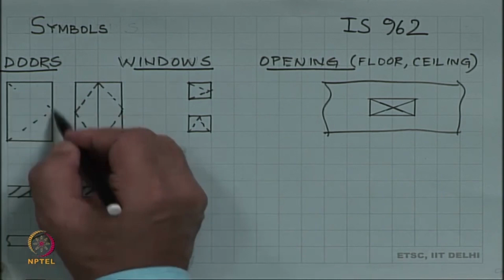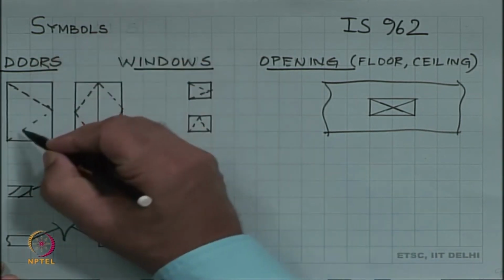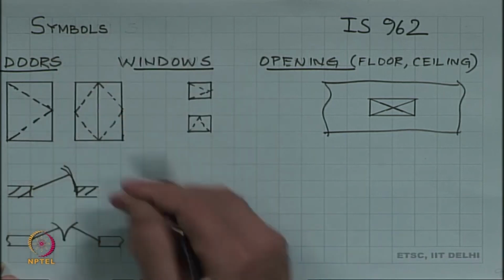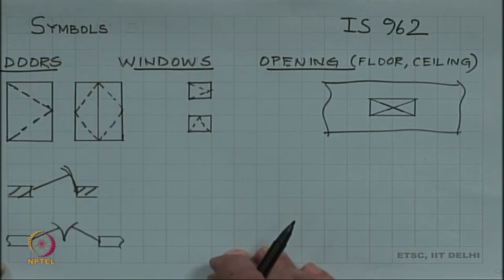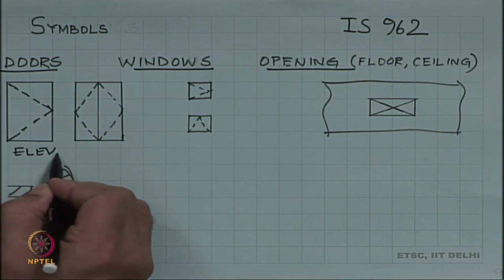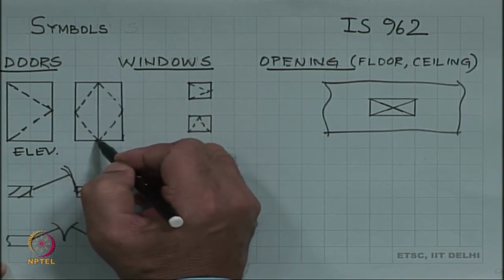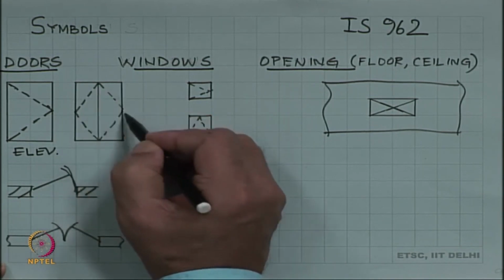A door is shown by a rectangle, and within that we show some dashed lines. So, this is in the elevation view. It could be that we have this door with a line in between, solid line, and these dashed lines going like that.